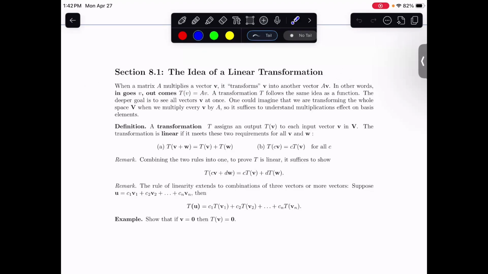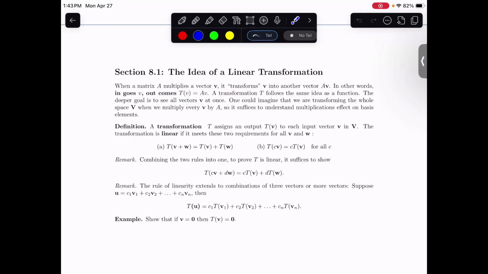But there's another way of viewing things. Thinking in terms of matrices, when a matrix A multiplies a vector V, it transforms V into another vector, A times V. In other words, in goes a V and then out comes some A times V. So you can view this matrix multiplication A times V as some sort of function that's being applied to your vector.